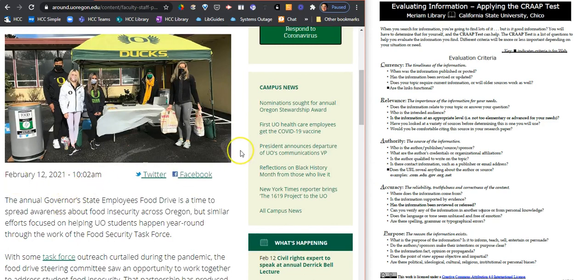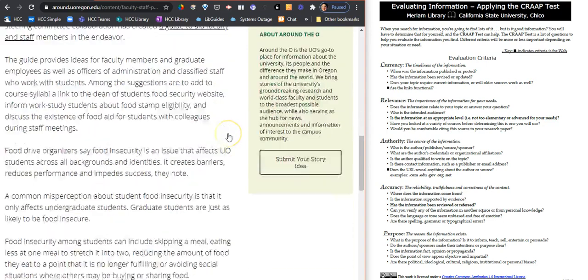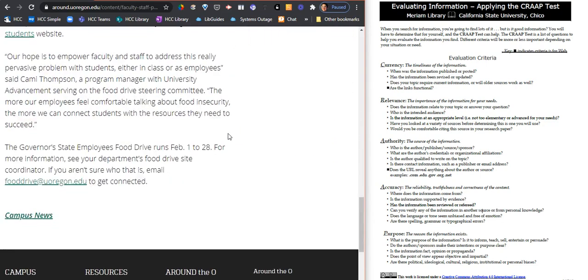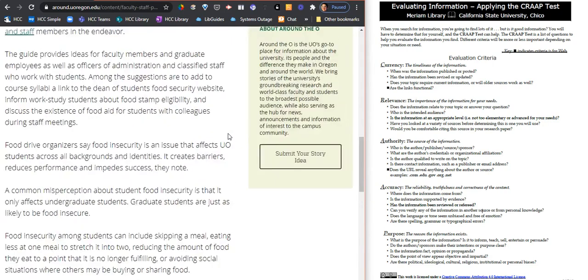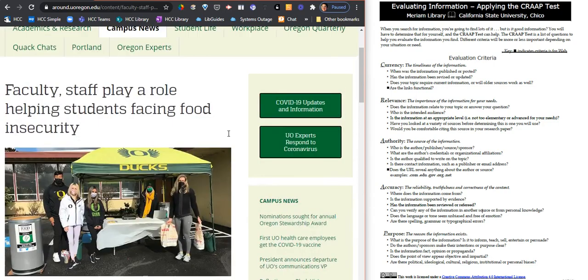They do have a date that it was posted. Looks like they link to some other topics. This looks like it might be just a news release on a food drive that they're having. So that may be more generalized information and may not be useful depending on what you are searching for.